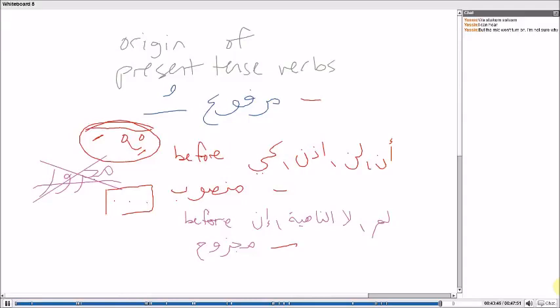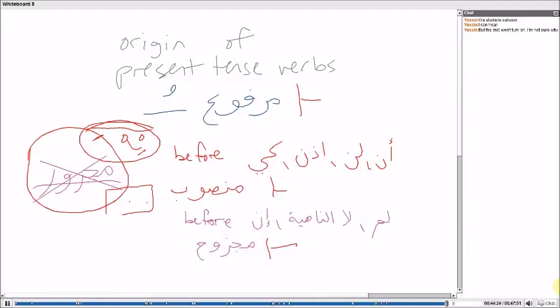It may have a kasra, as we've read a number of times, the different hadith and stuff that we've read, but only because of our reading purposes. A verb is never, ever, ever majroor. Its origin is marfu'. If it has an, lan, idhan, kay, it will be mansoob. If it has lam, la an-nahw, or in, it will be majzoom.